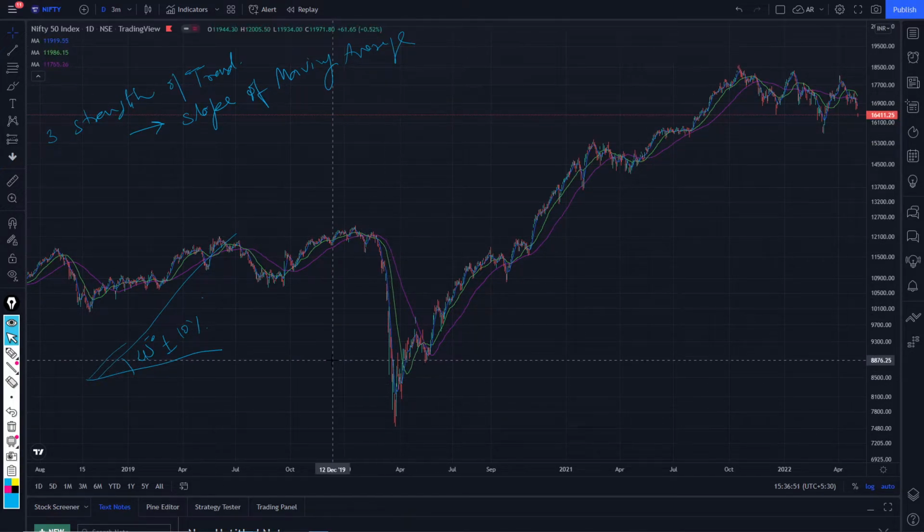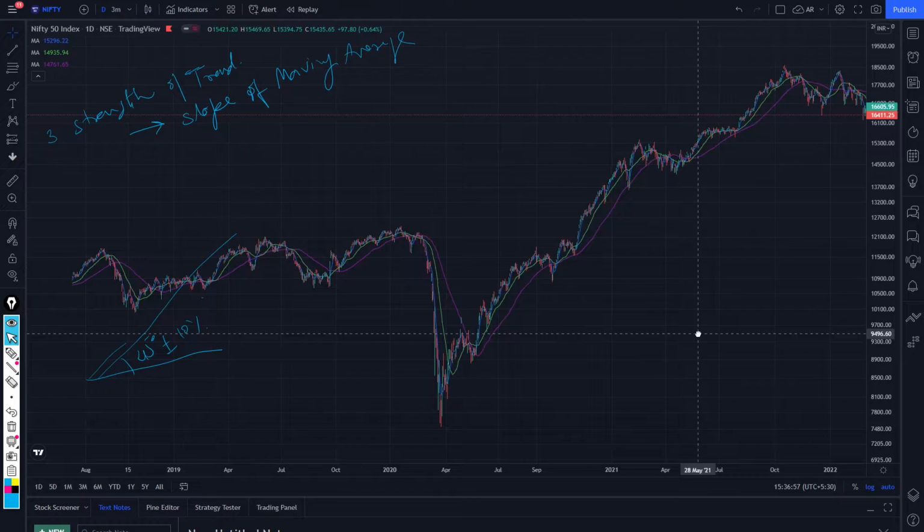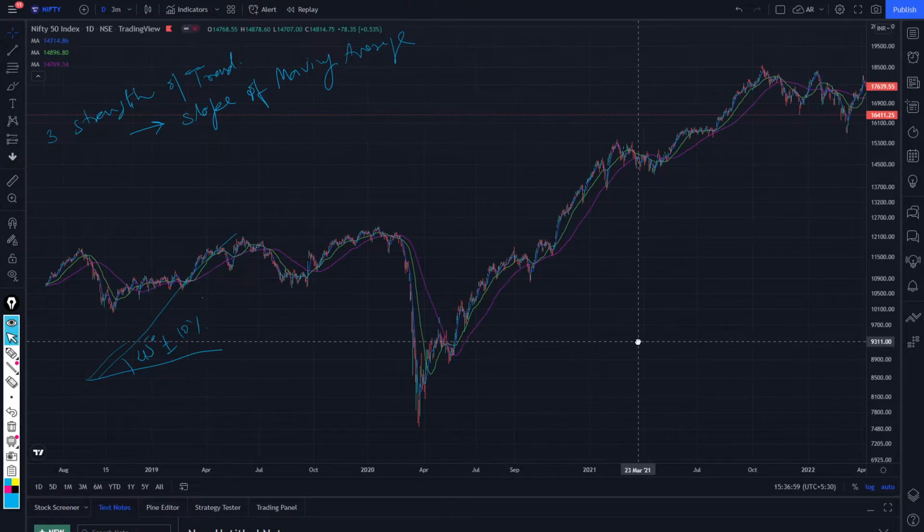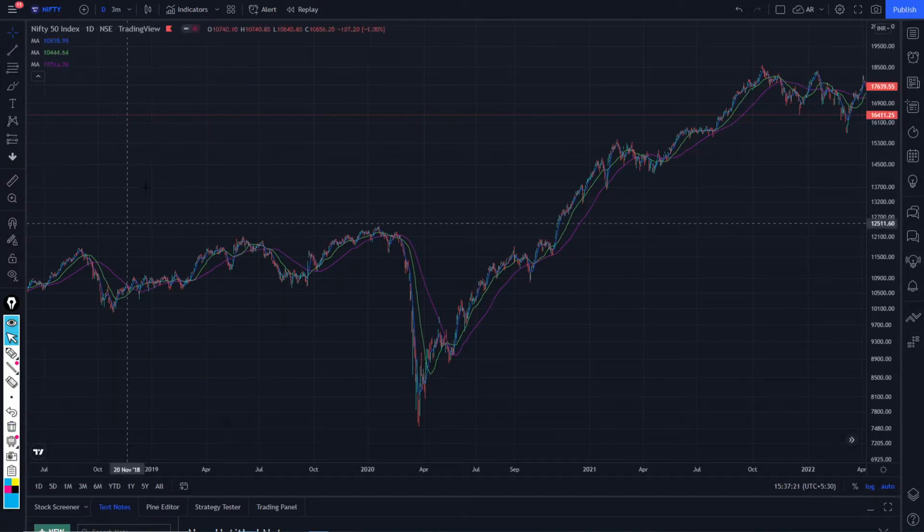Falls generally happen very fast, but any trend which starts falling or rising at 45 degrees will sustain more, or if less than 45 degrees, it will sustain for a long time. But if the trend movement is more than 45, especially more than 60 degrees, then the trend is not going to last for a longer period. It will be a short trend.